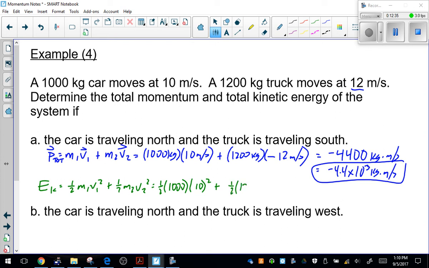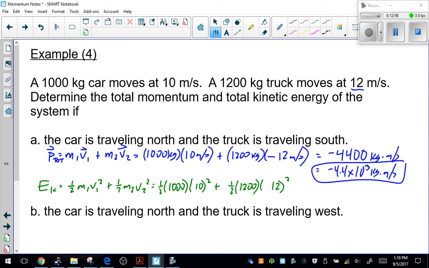What's the second mass? 1,200 kilograms. Don't forget to square that. Am I missing something here? Oh, I tricked you by leaving that space, didn't I? There's no negative there. Why would it be negative 12? Oh, because it's to the south, right?